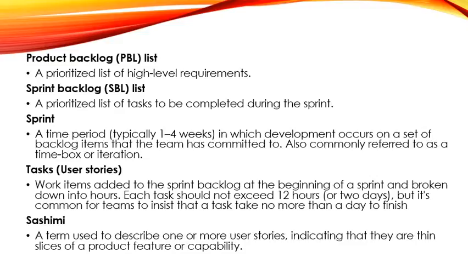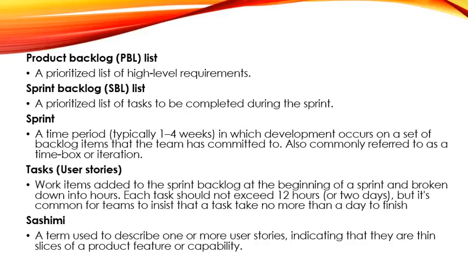Sprint backlog list, a prioritized list of tasks to be completed during the sprint. Sprint, a time period in which development occurs on the set of backlog items that the team has committed to. Also commonly referred to as a time box or iteration.